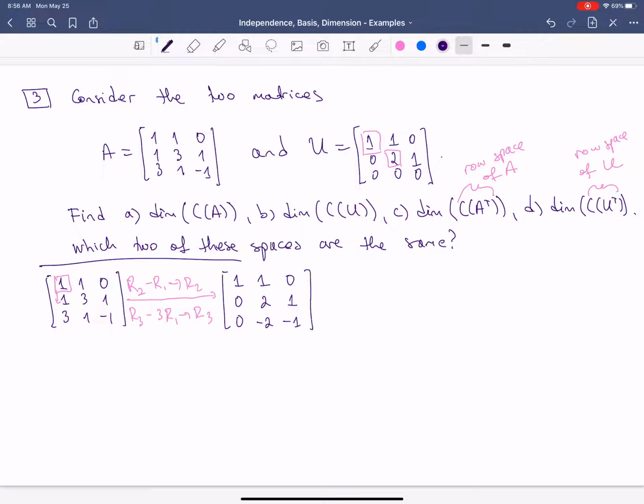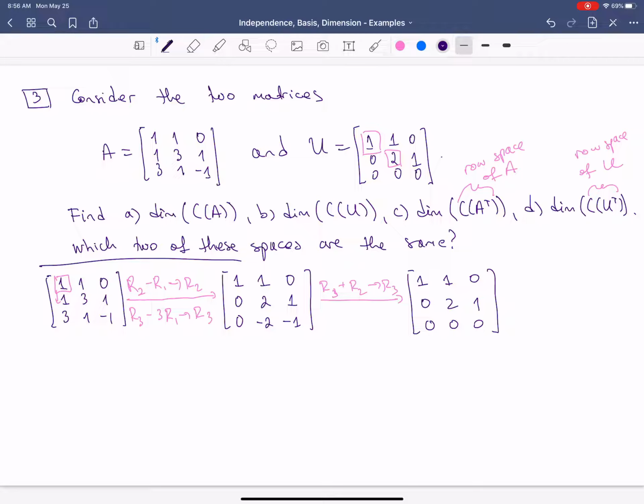I see that the second and the third row are essentially the same, or they're multiples of each other. So if I just add them up, row 3 plus row 2 into row 3, what I will get is 1, 1, 0, 0, 2, 1, 0, 0, 0.